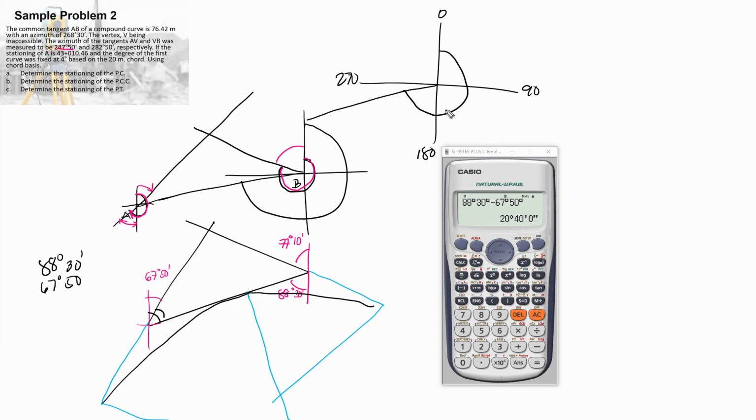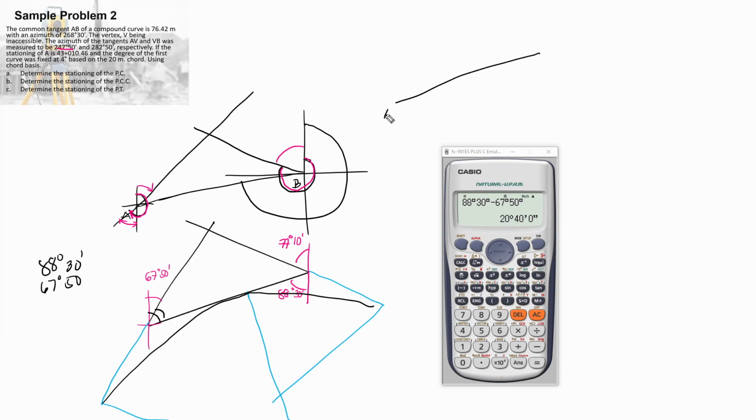Kapag may line na tayong ganun, parang inalis ko siya, tinandaan ko lang yung line na halos ganun yung itsura, and then A ito, B ito, and then, dahil common tangent siya, inassume ko nandito si V. Sinabi dito, azimuth ng AV is 247.